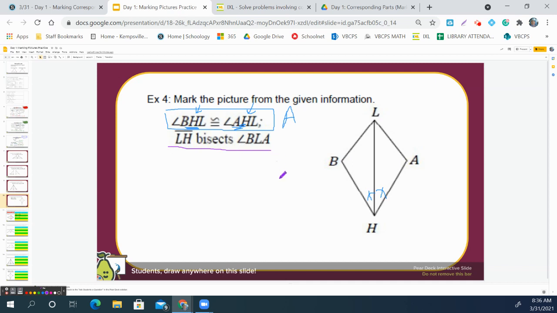If LH bisects angle BLA, what comes out of that? What's the so what? LH is the knife that cuts BLA. BLA is this angle. So what's the so what statement? What can I write?